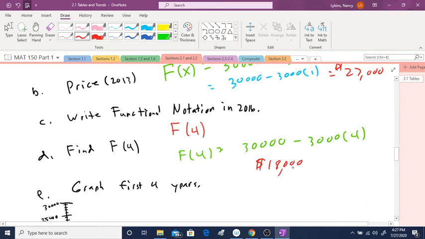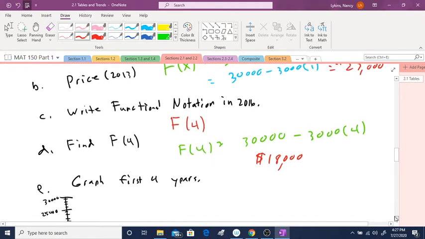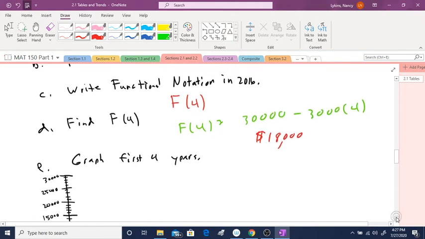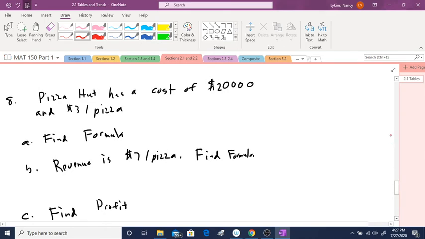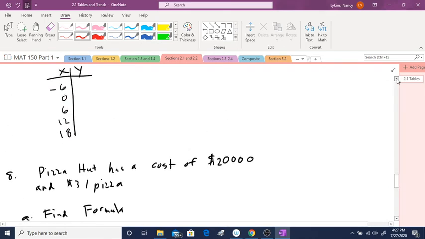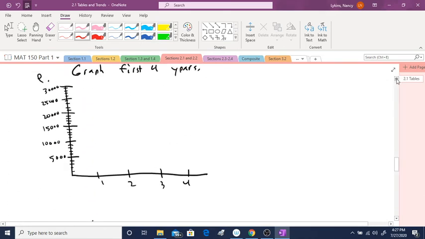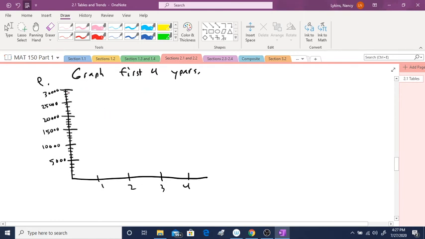So now graph the first 4 years of the car. Well, the first year of the car, it's going to be 30,000. Depreciates how many? 3,000. Year 2, it depreciates down to 24,000.